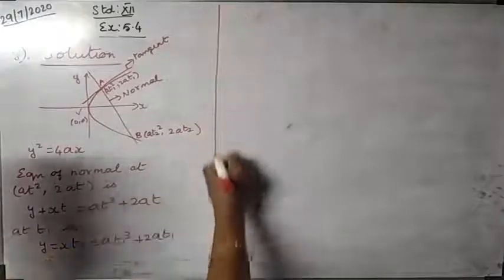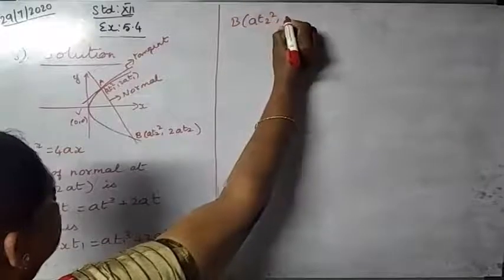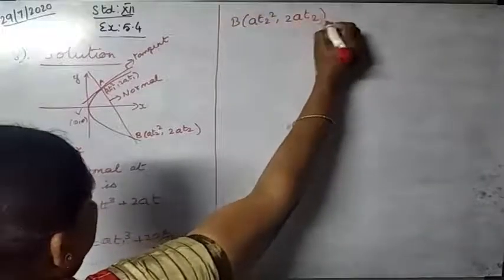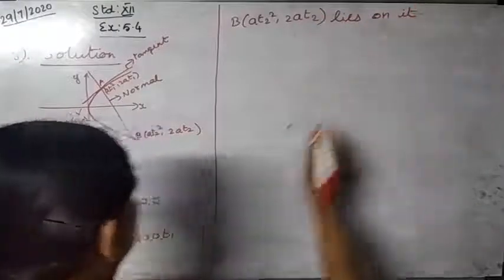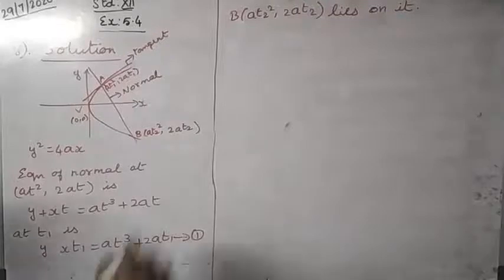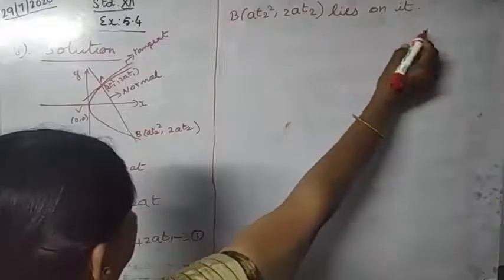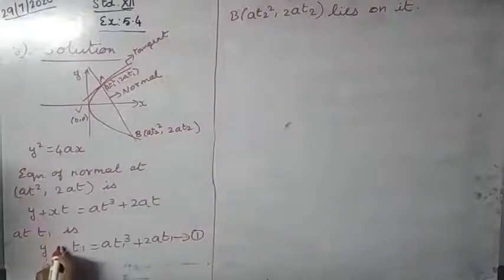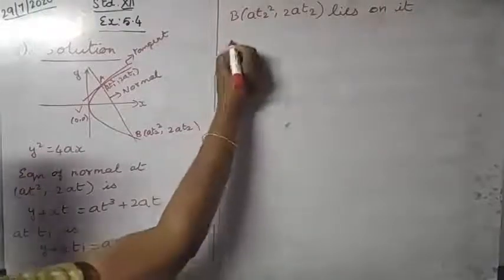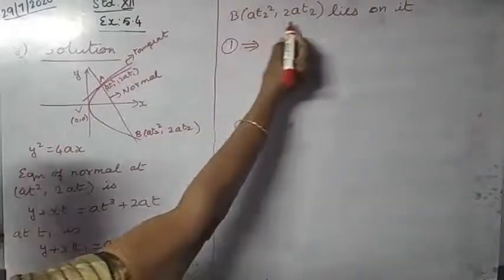Now B of AT2 square, 2AT2 lies on it. So you take this equation as 1. Here it is y plus x T1 is equal to A T1 cube plus 2A T1. See, instead of x and y, substitute these points.